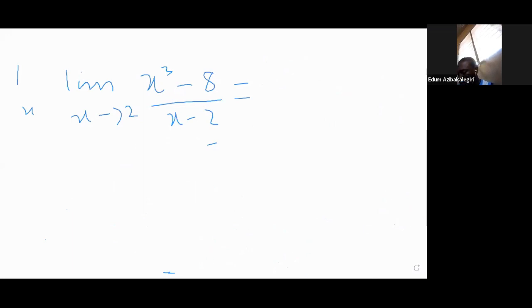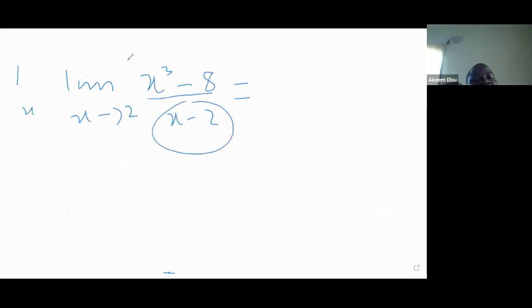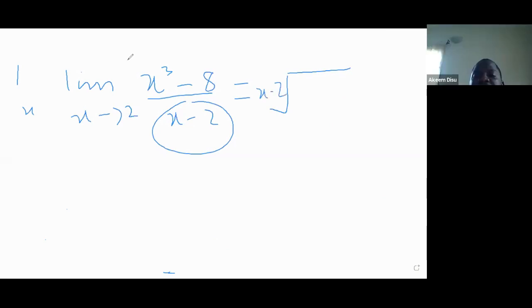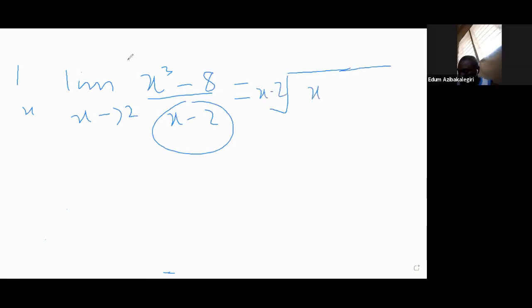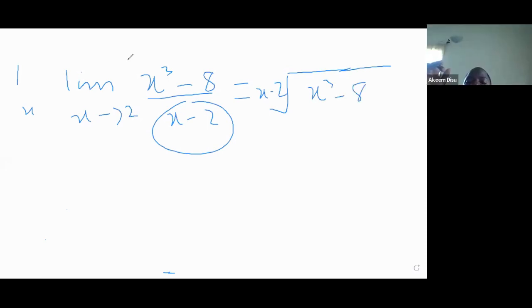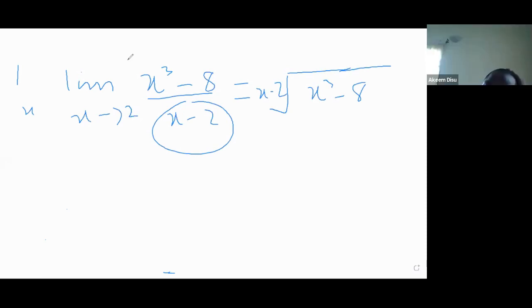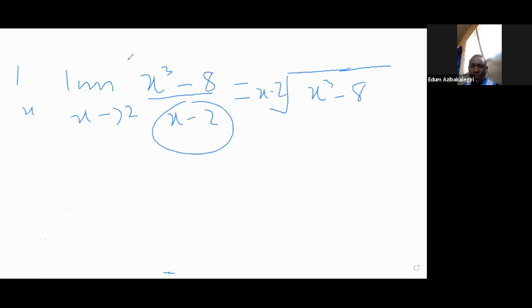We want to find this. We want to use this as a factor of this. To do this, we use what we call long division, which will give us x minus 2 dividing this. Do you get it? To make this x equal to this, we must multiply it by x squared.